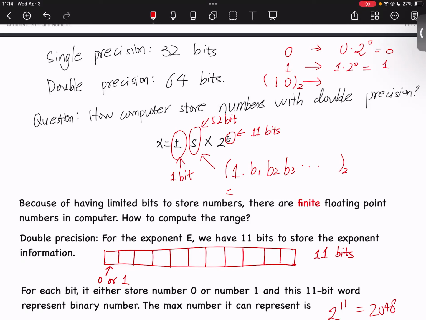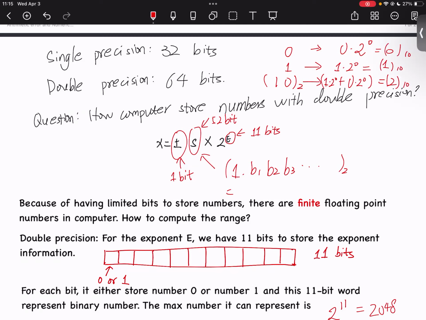Starting from the right, this should be the power of 0, and this should be the power of 1. So we have 0 times 2 to the 0, and 1 times 2 to the 1, and it's just 2. This is how we translate the binary number to the 10-base one.